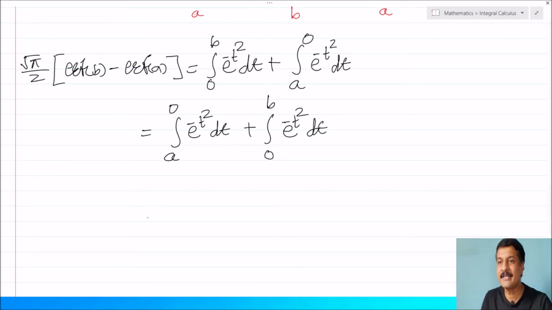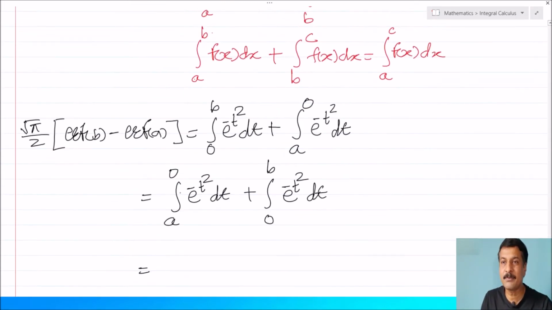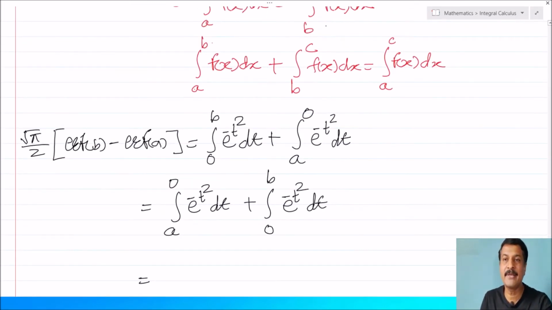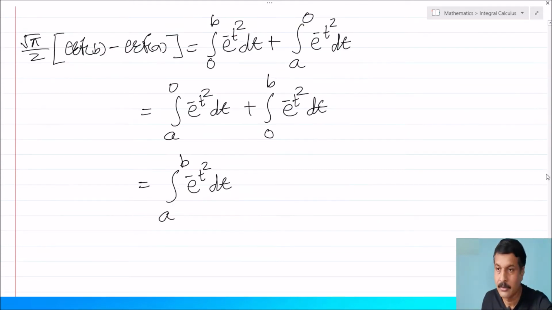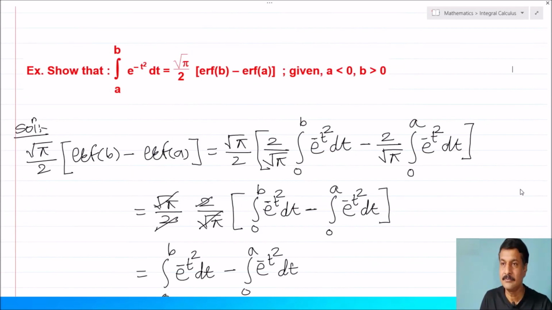So what am I getting here? By using this property, a to b and b to c integration, I am getting integration from a to c, and therefore I am getting here integration from a to b e raised to minus t square dt. So what we want to prove here is integration from a to b e raised to minus t square dt.